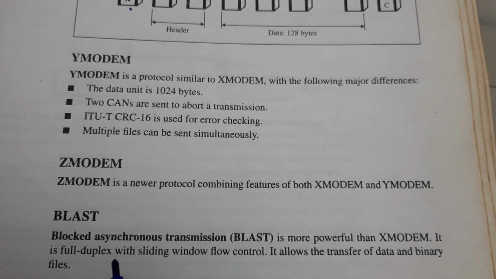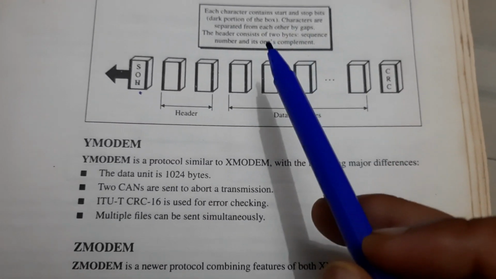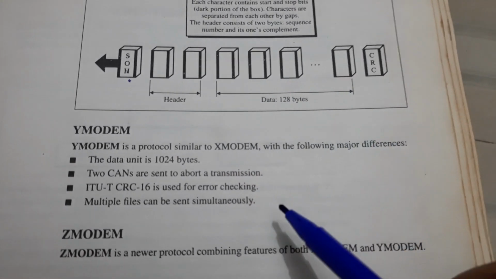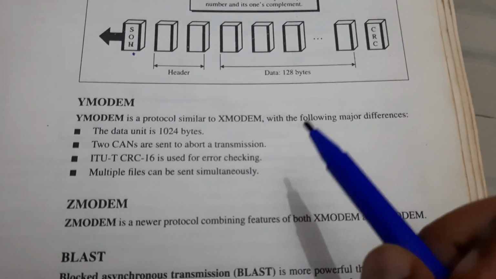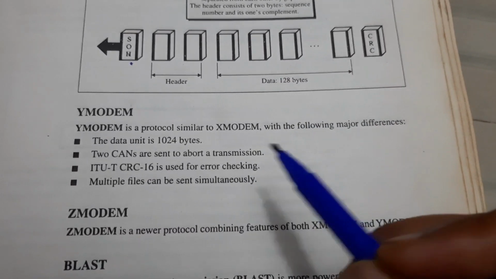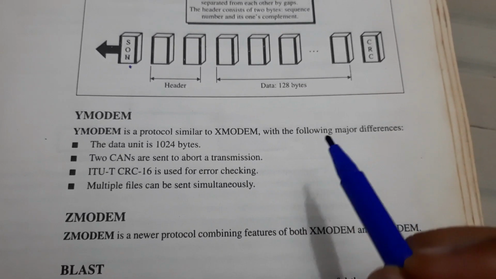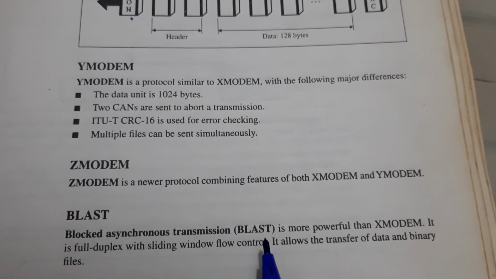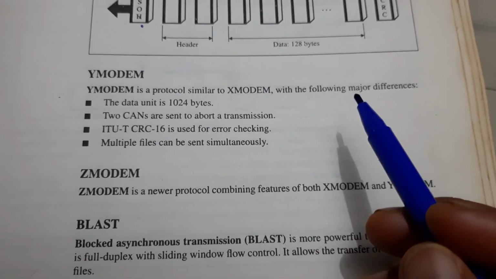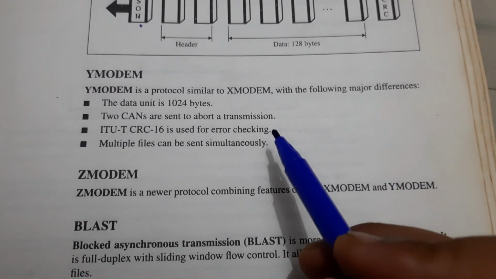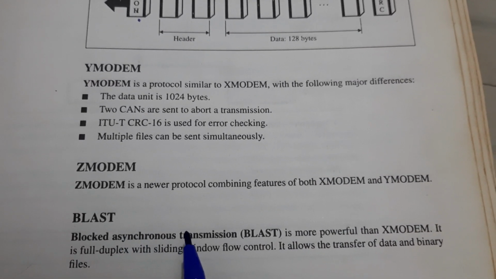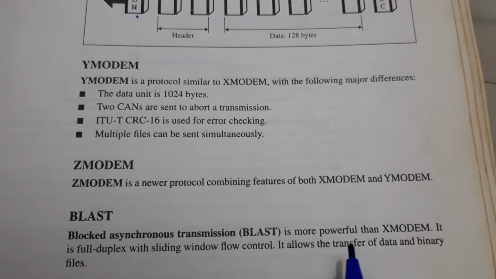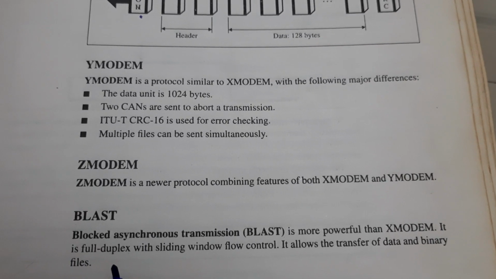It is full duplex with sliding window flow control, whereas XModem, YModem and ZModem are half duplex with stop-and-wait ARQ protocol. BLAST uses full duplex with sliding window flow control, and it allows the transfer of data and binary files.